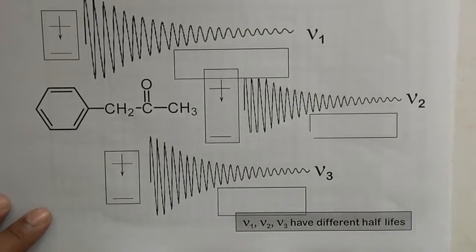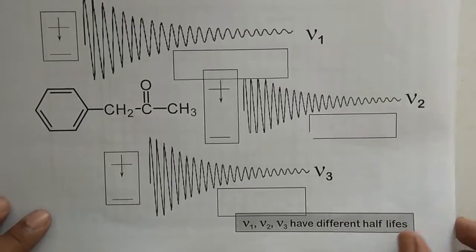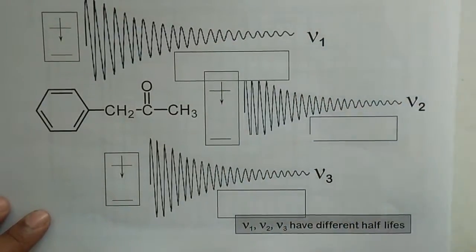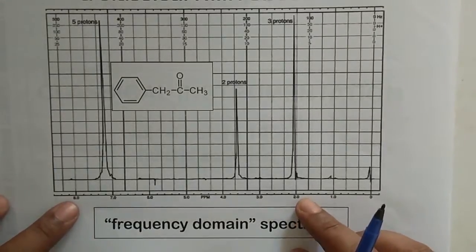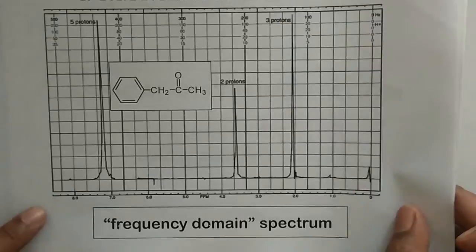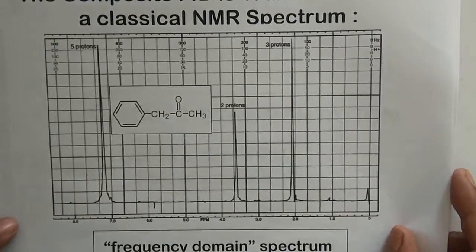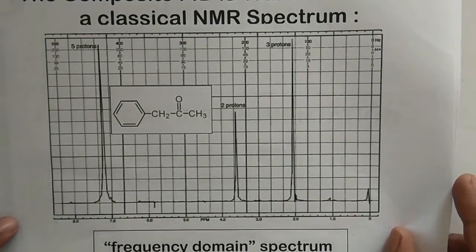So they will give signals at different chemical shifts, or different delta values, because the relaxations are different. After processing that FID, we will get this kind of spectrum for this particular phenylacetone. I hope this is clear to you.